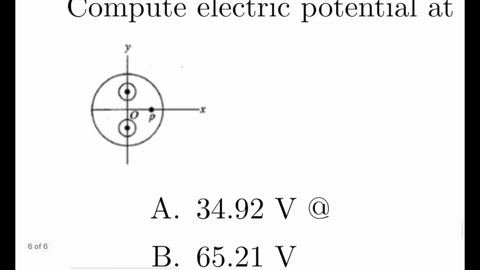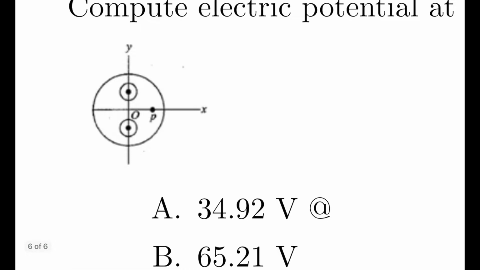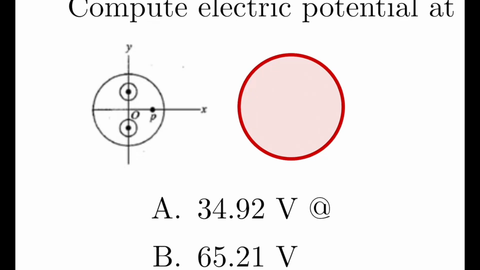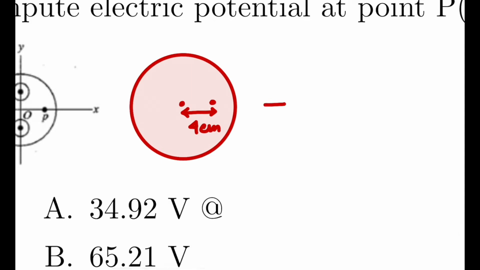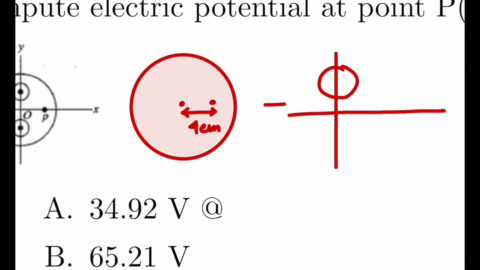Now the potential at point P is the potential of the full sphere minus the potential of the cavities.